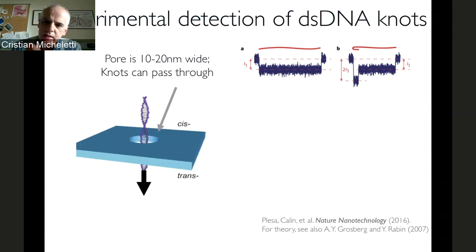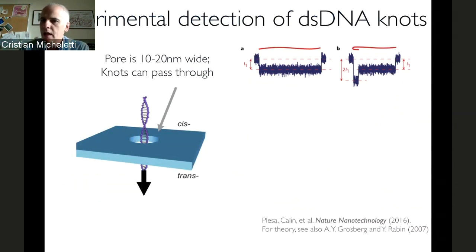A very nice set of results have been obtained experimentally by the group of Cees Dekker in the Netherlands, where they used, instead of a fully flexible molecule like single-stranded DNA, a stiff molecule, double-stranded DNA, so the full double helical DNA, and they dragged it through a pore that was much wider, 20 nanometers wide, and the double-stranded DNA has a diameter of 2.5 nanometers, so this time the pore is 10 times wider than the thickness of the double-stranded DNA.